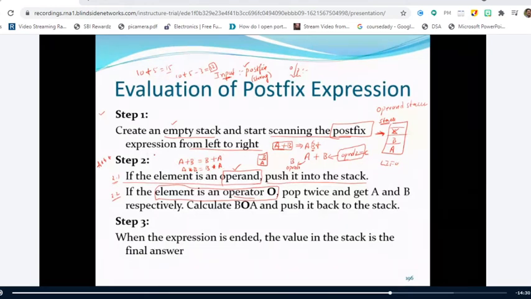But if you consider minus, is A minus B equal to B minus A? No. Similarly, is A by B equal to B by A? No. And similarly for the power operator, is A dollar B equal to B dollar A?